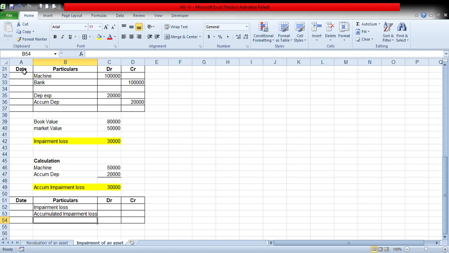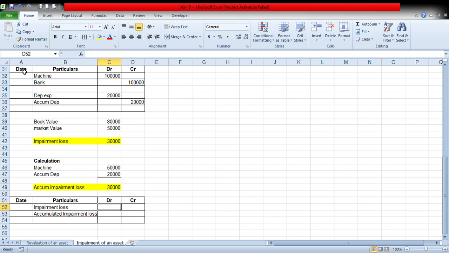The book value was 80,000, now it is decreasing. If you want to record here the machine, machine credit 30,000, so already the machine cost would be 50,000 again. Understand?